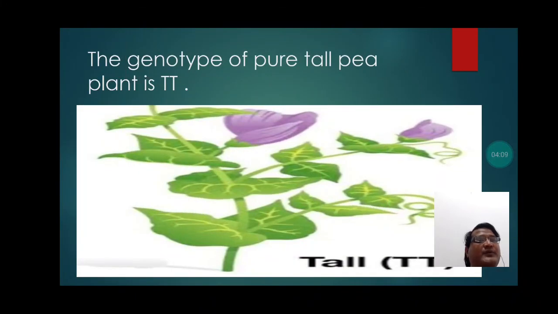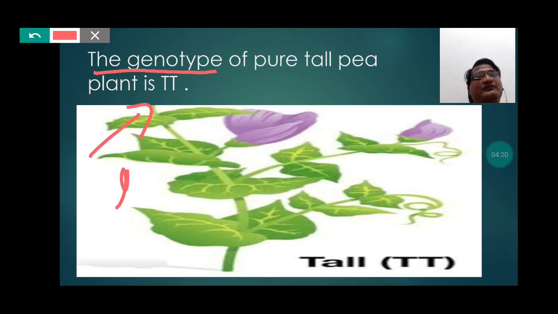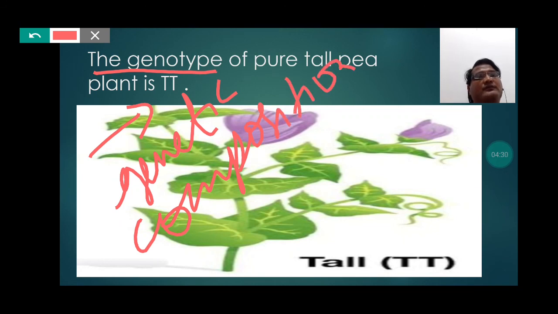The genotype of the pure tall pea plant is capital T, capital T. So students, the genotype actually is the genetic composition of the plant, which here is represented by capital T, which shows that the plant is pure tall.